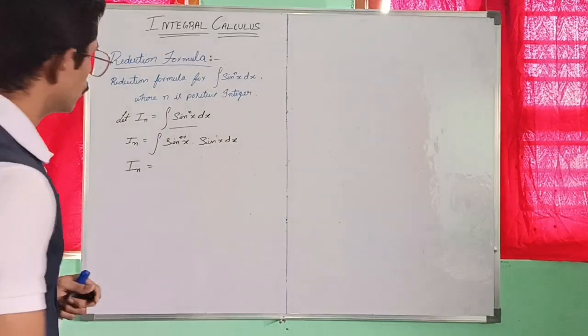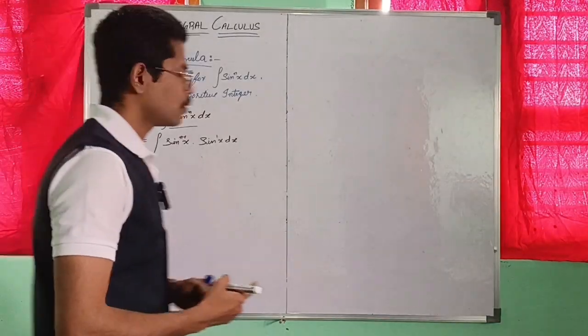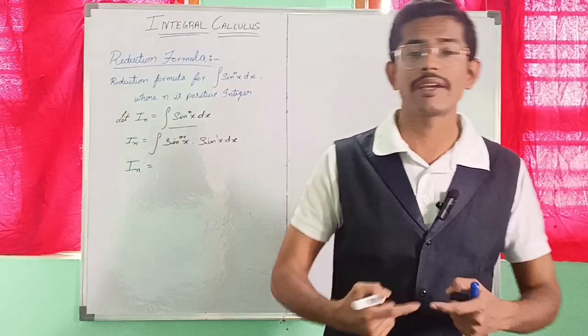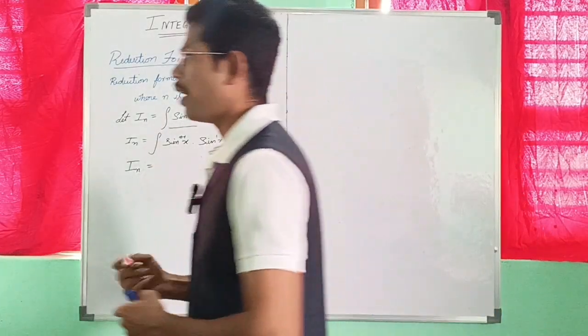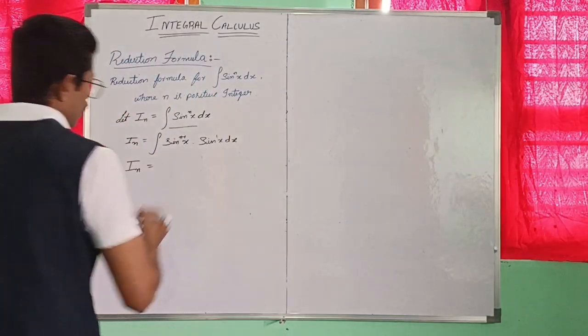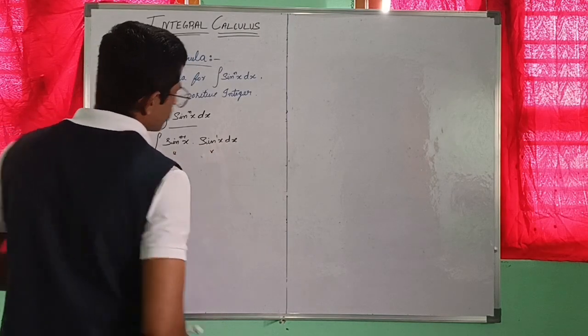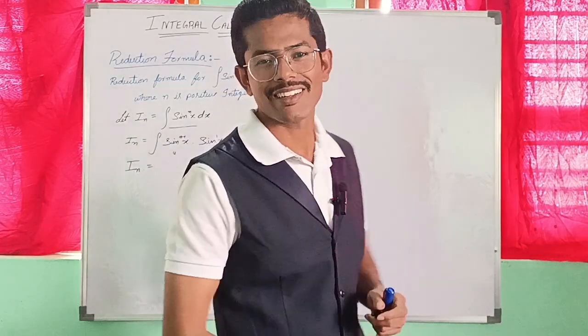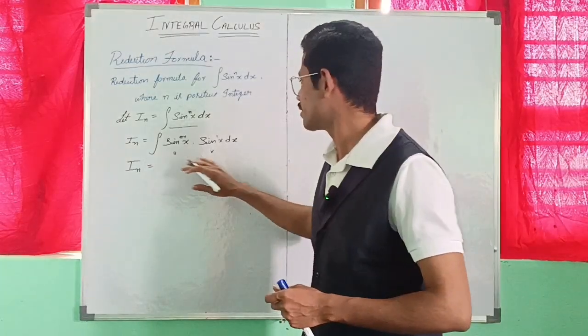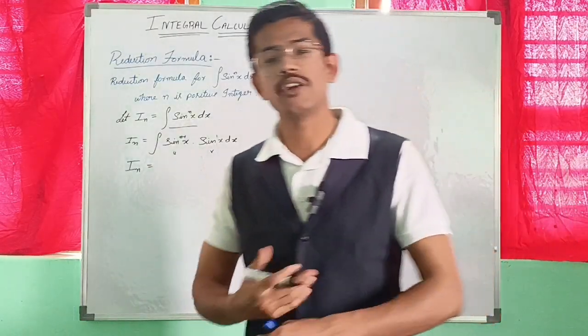Tell me what the next step is. I will take the first part as u and this as v. What can we do?